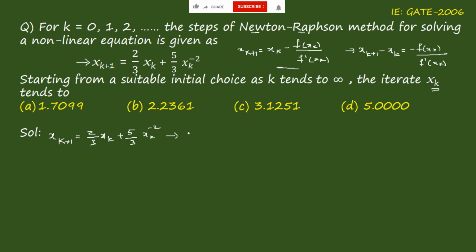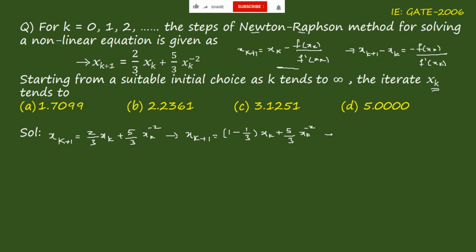We can write this as x of k plus 1 is equal to 1 minus 1 by 3 x of k plus 5 by 3 x of k power minus 2.